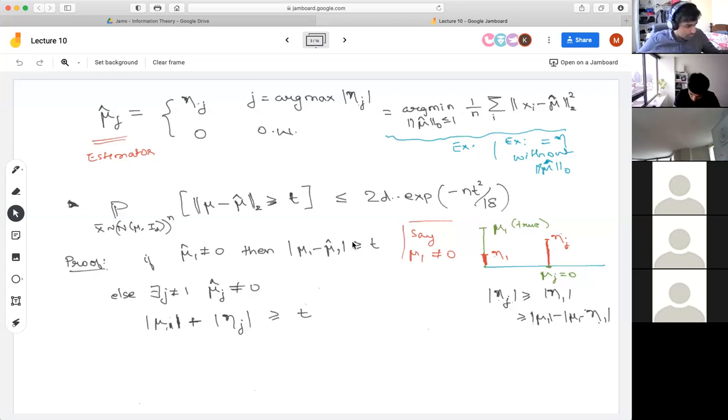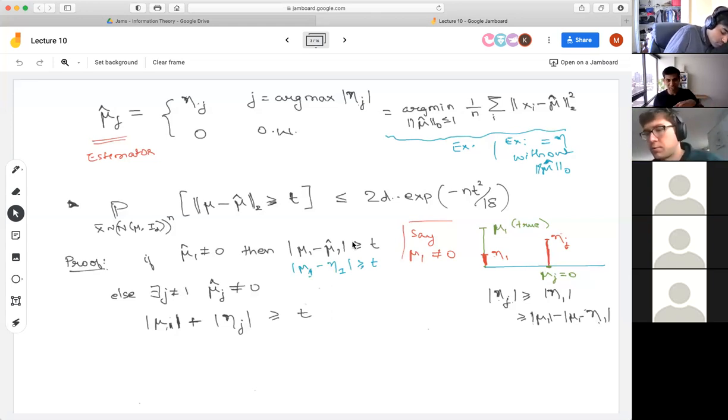And the coordinate which is non-zero is actually just copied from the sample mean. So we are just saying, what is the chance that the sample mean and the true mean deviate? And we already know that this is upper bounded by e to the minus n t square over 2. So we don't even need this.